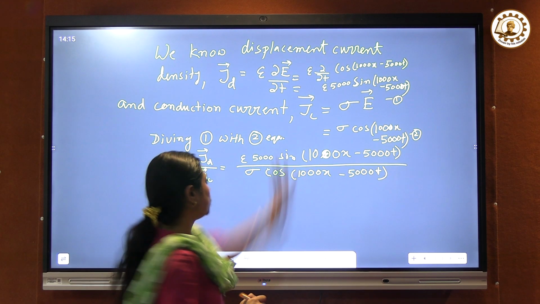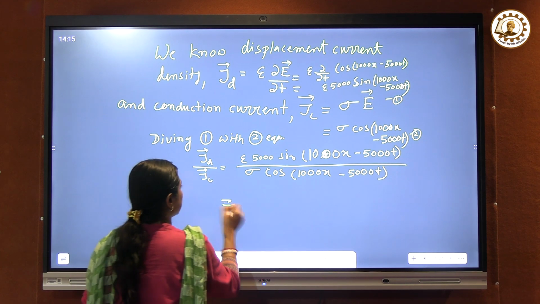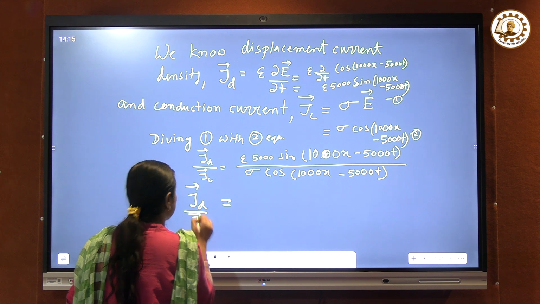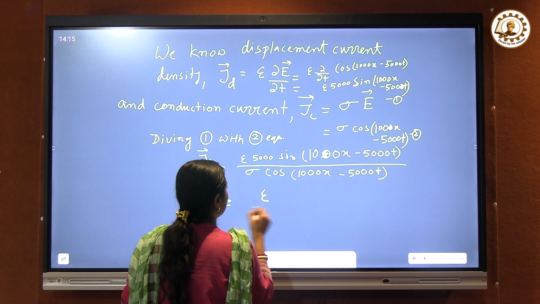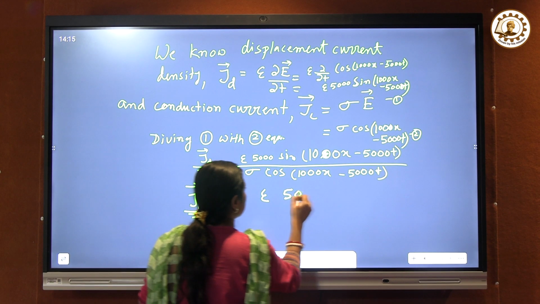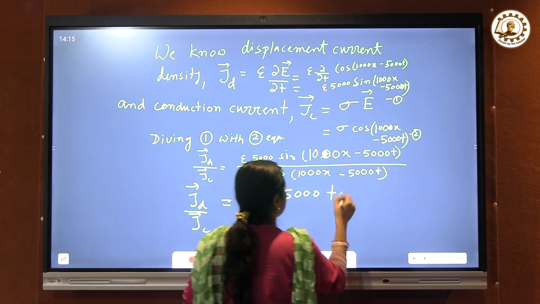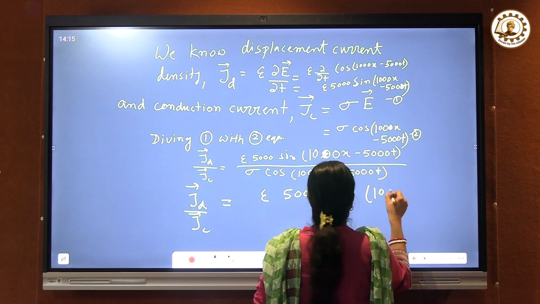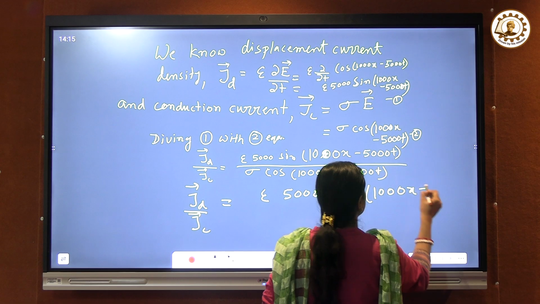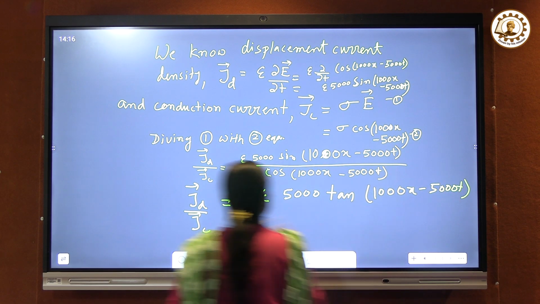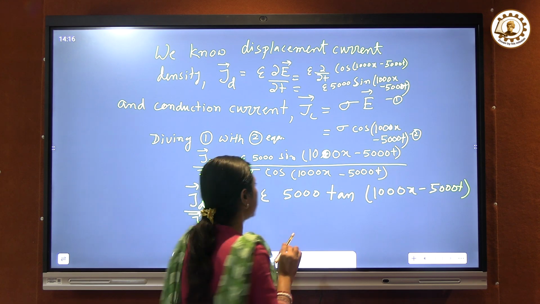After this, it is a very simple thing. J_D vector by J_C vector: epsilon will remain here, 5000 as it is, and here sin by cos of 1000x minus 5000t, divided by sigma. Although it is not needed, we are going to use a logic here.